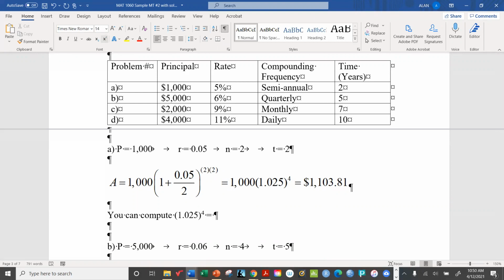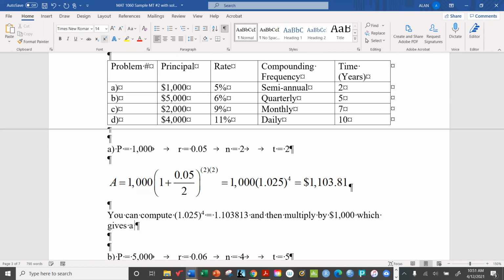And that turns out to be equal to 1.10381, let's say, and then multiply by 1,000, which gives a future value of, and you can just round it to dollars and cents.